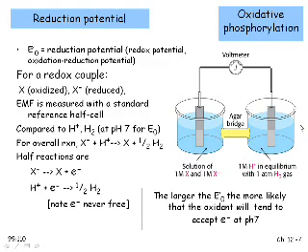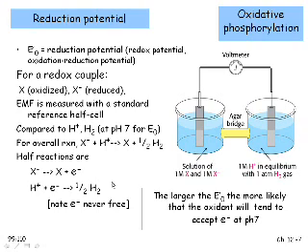So for a setup like this, the overall reaction would be X minus, the reduced form, plus protons, go to X, the oxidized form, plus half a molecule of hydrogen gas, which we can break out into these half reactions: X minus to X plus an electron, H plus plus an electron to a half H2.